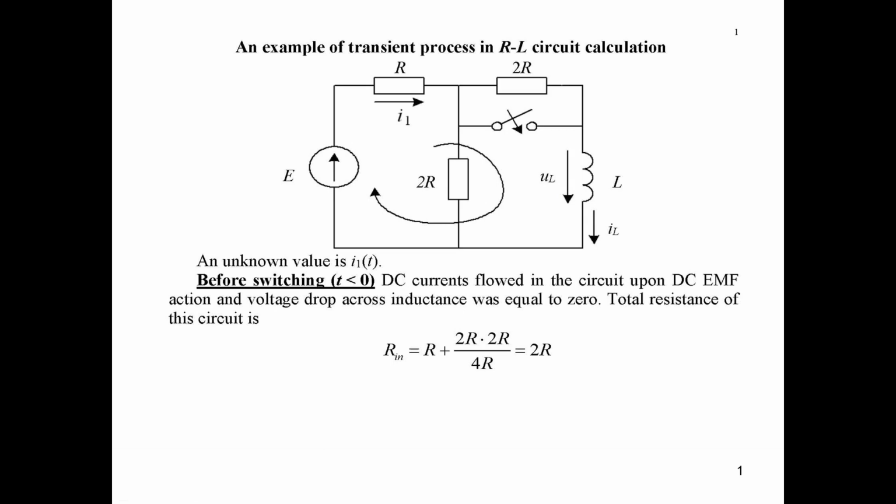So we have something like a short-circuited part. This key was opened, and we can determine this current before commutation.